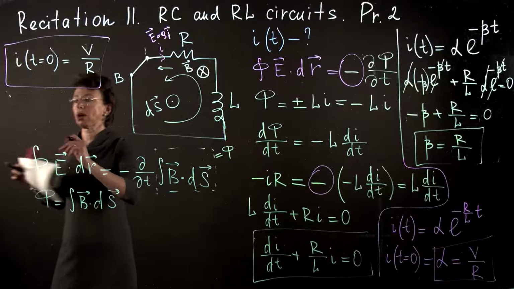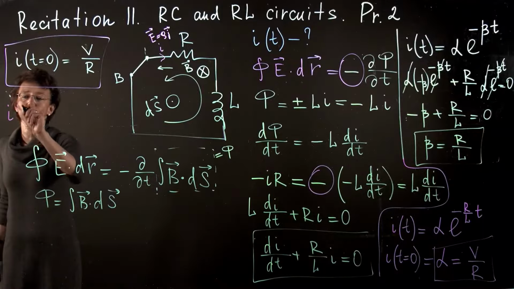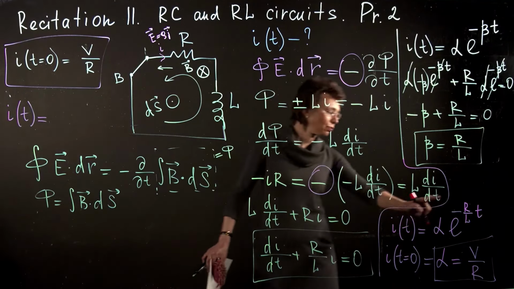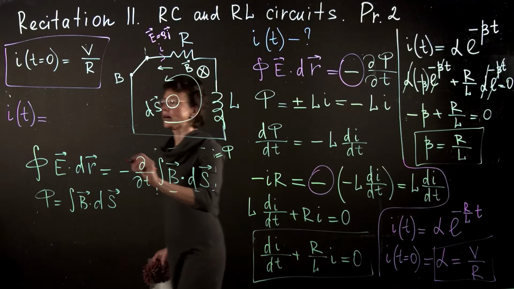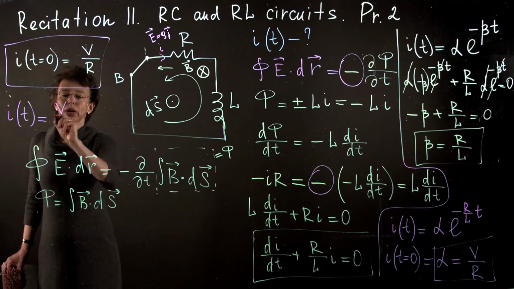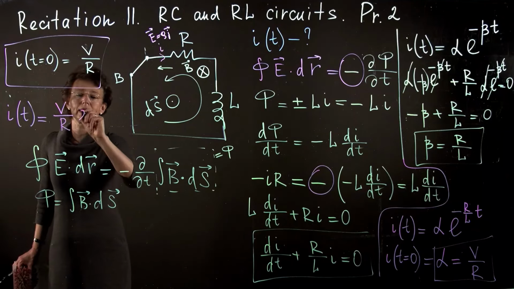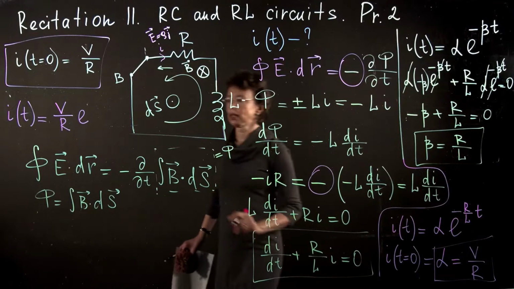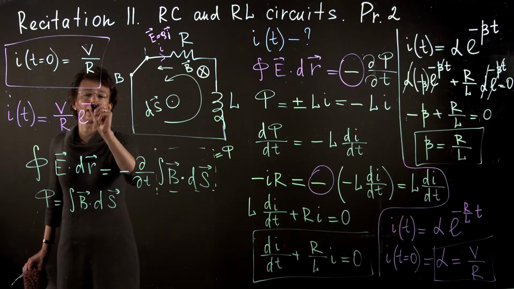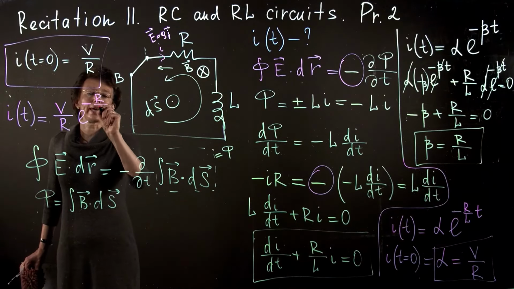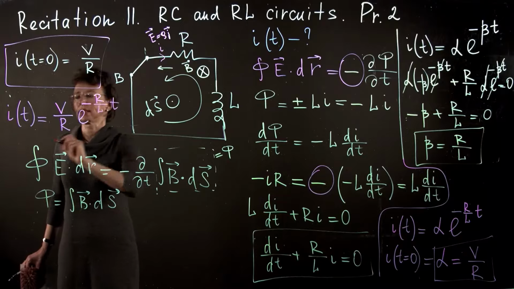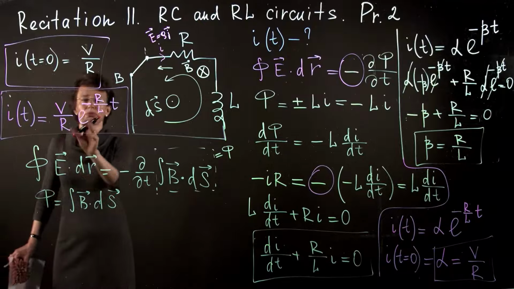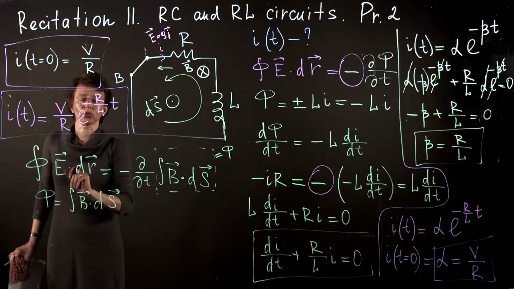So what is our solution for current as a function of time? It is alpha, which is v over r, times exponential function minus r over L t, e to minus r over L t. We solved the problem. We found the current as a function of time.